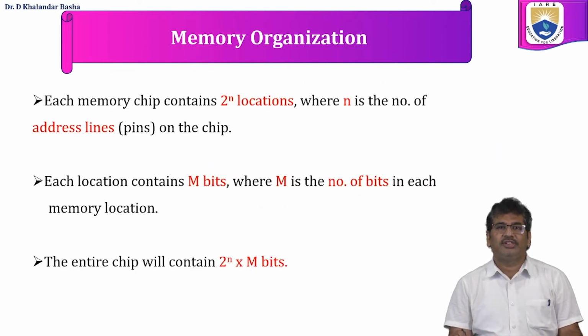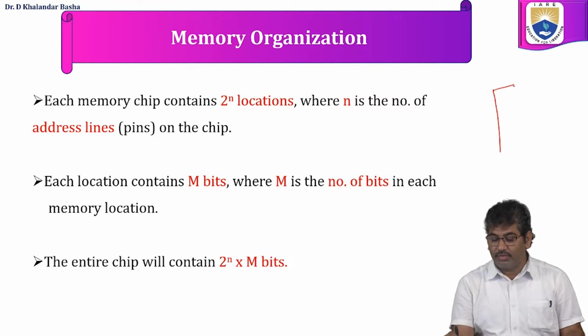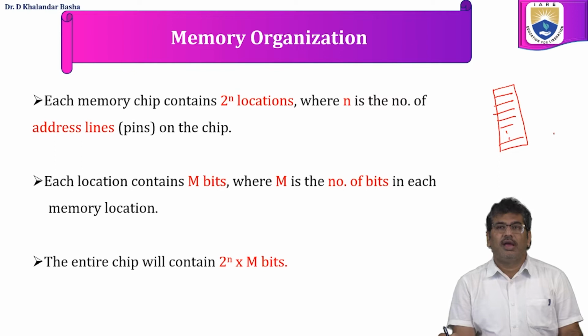Before going to the interfacing, first we will revise a few memory organization concepts. Let us assume each memory chip contains 2 to the power of n number of locations. For accessing each and every memory location, we have to pass the address.